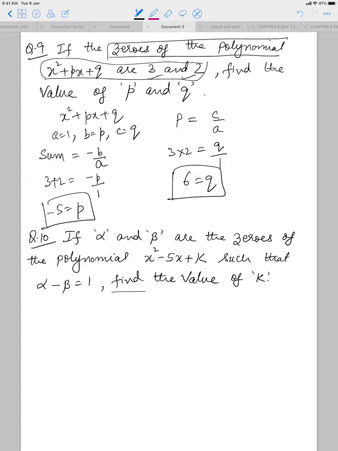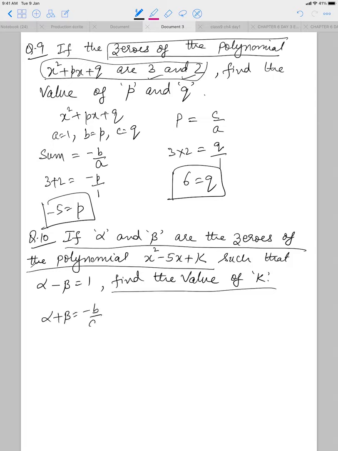See, what we have to find, that will automatically come. Basically, we have to concentrate on what is given to us. Again, the same statement, if alpha and beta are the zeros of this polynomial. So what will I write? Alpha plus beta is equal to minus b upon a. And minus b upon a will find out from the polynomial itself. In the polynomial, I am just writing the polynomial here.